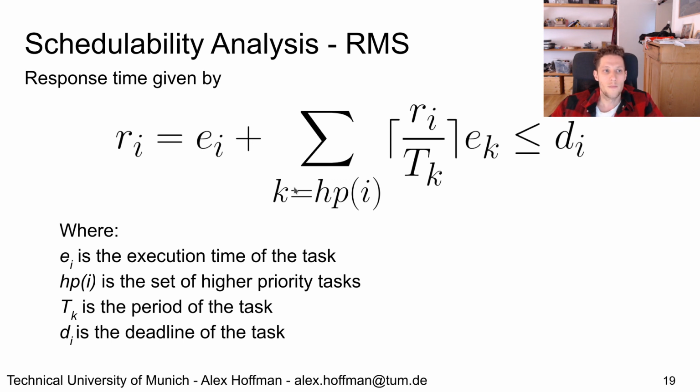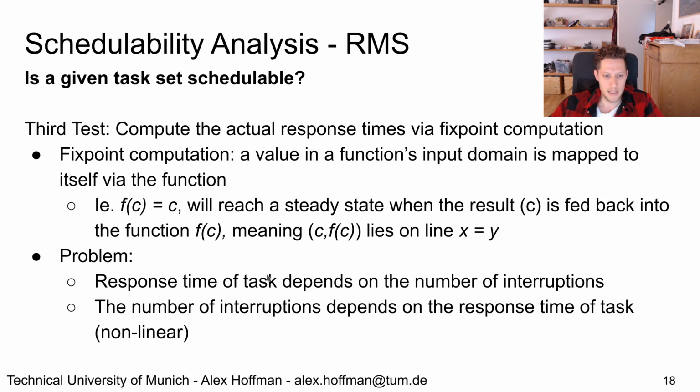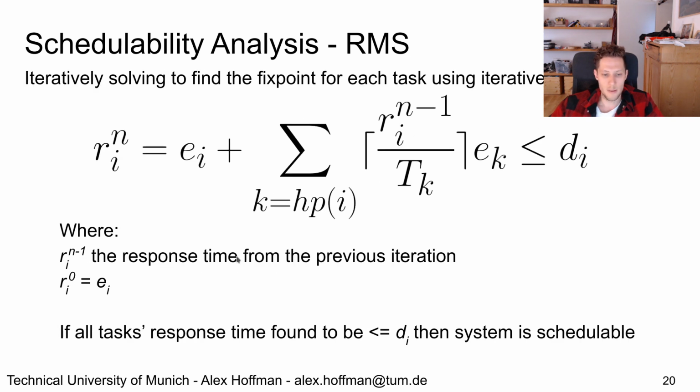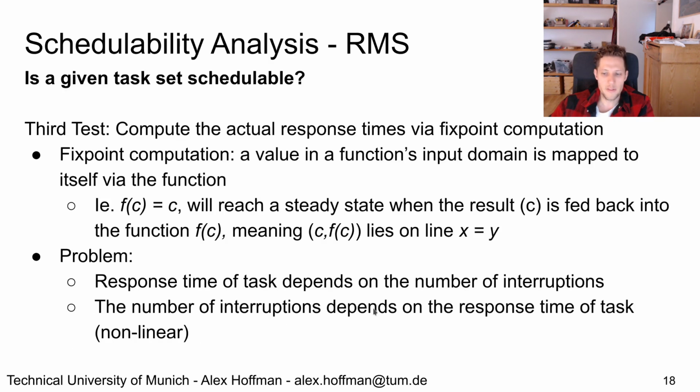And so how we need to calculate this is that the response time of our task could be changing. This is the problem that we run into: the response time impacts the number of interruptions. The number of interruptions depends on the response time.